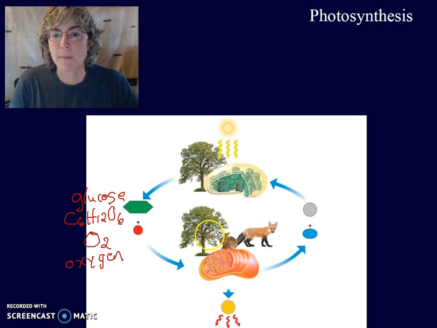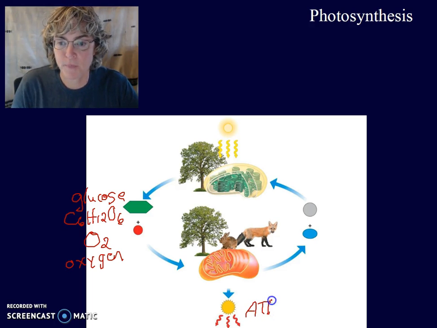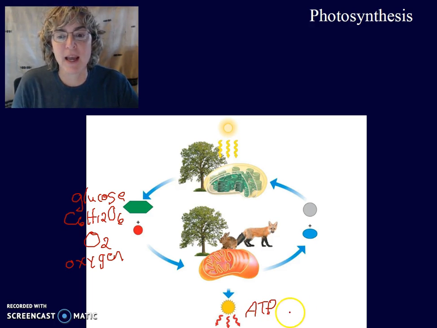Then plants and animals can use the potential chemical energy stored in glucose in a process called cellular respiration to make ATP. ATP can store the energy short term to be able to do work.